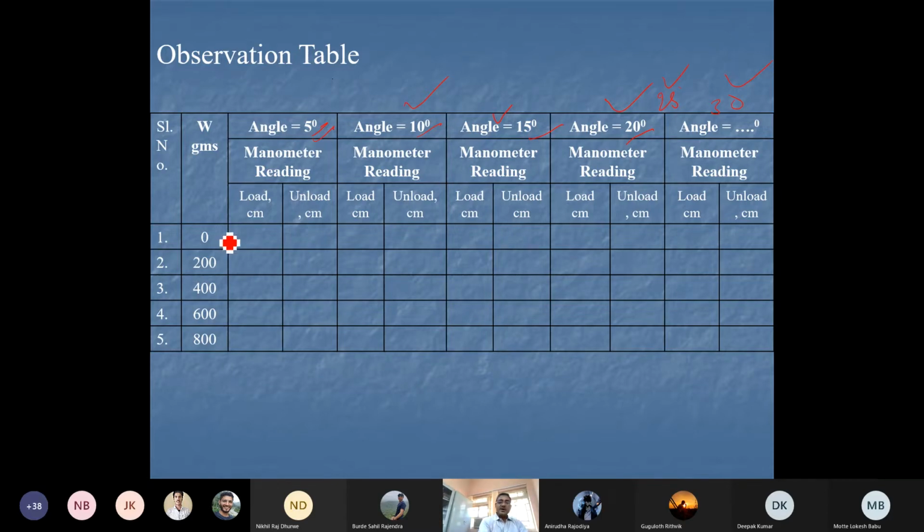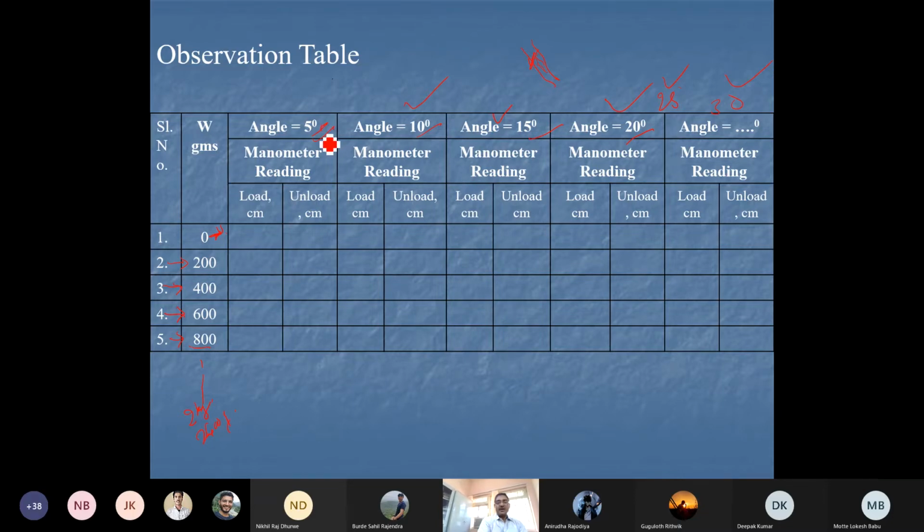When we add bait, we start from the no bait condition. So what is the initial level of water in the manometric tube, and then we add 200, then 400, then 200 plus 400 makes 600, then 800, and so on up to 2 kg or maybe 2400 grams.